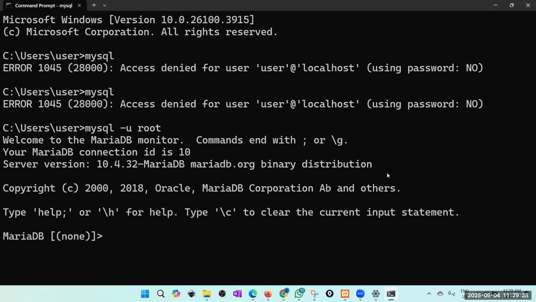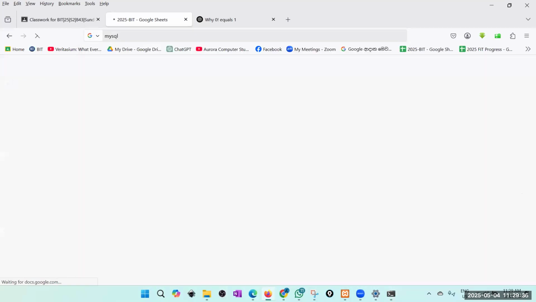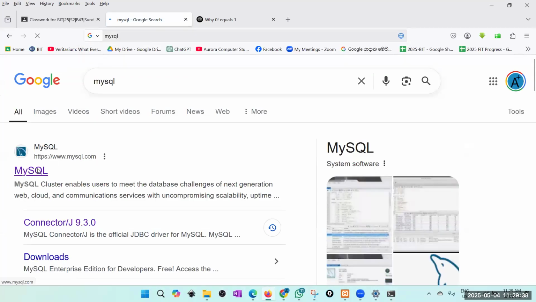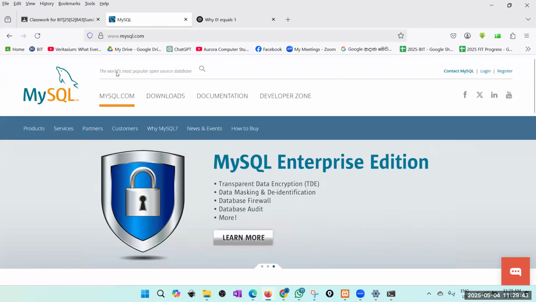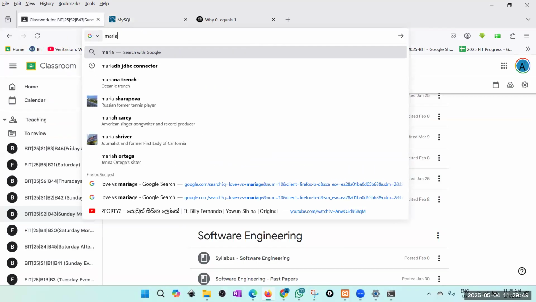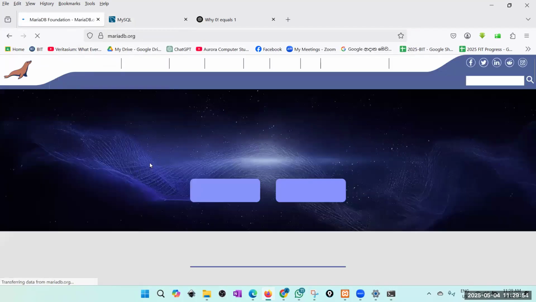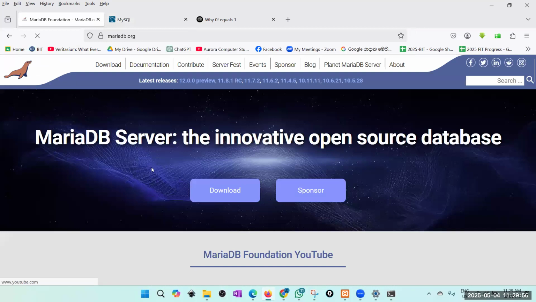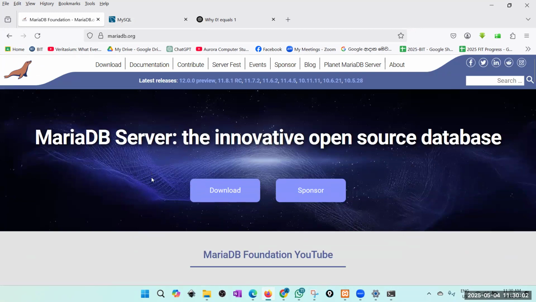There's another thing. There are two versions of MySQL. One is MySQL, which is from Oracle. This is the original MySQL. The second one is MariaDB. MariaDB is the free and open source version of MySQL. If you install SAMP, what you get is this MariaDB.